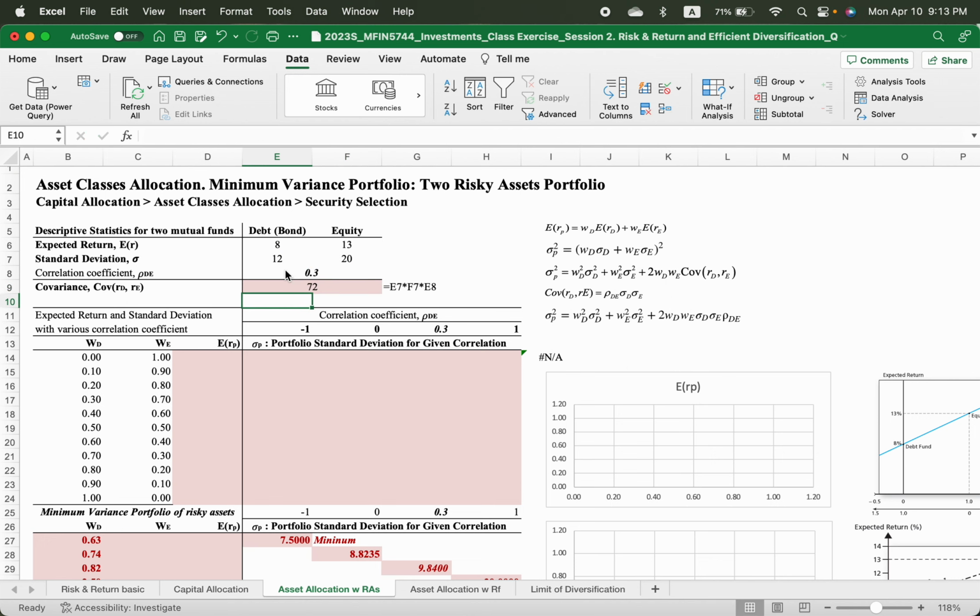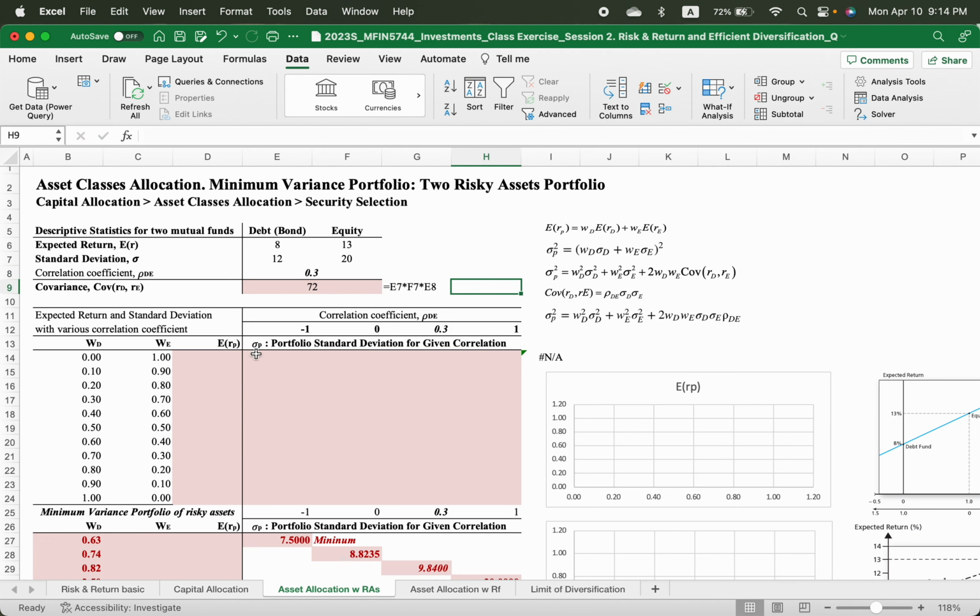You know how to calculate the correlation coefficient of the rates of return of these two risky assets from historical data, using the correlation function, CORREL.